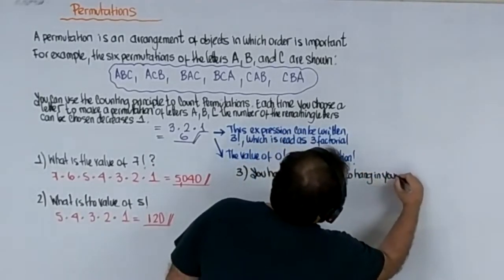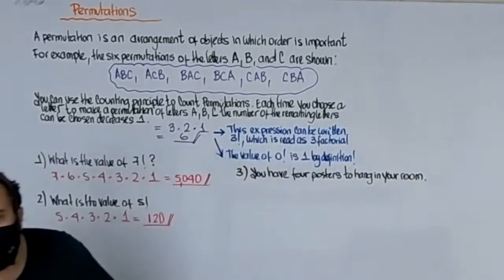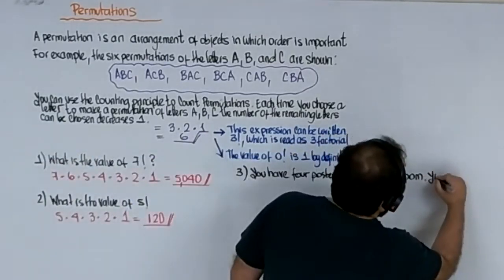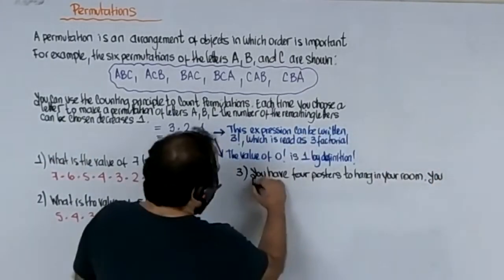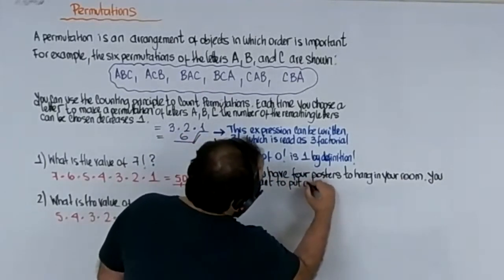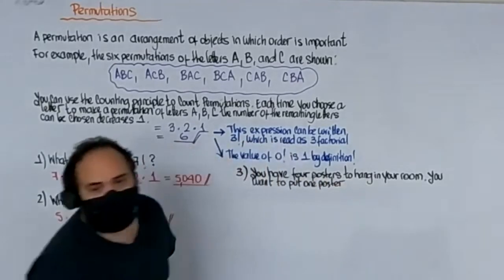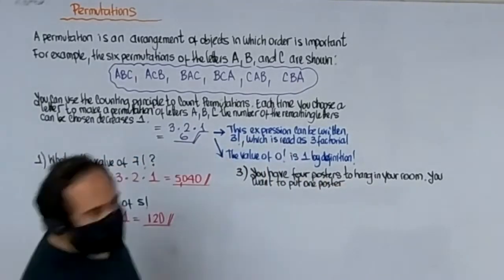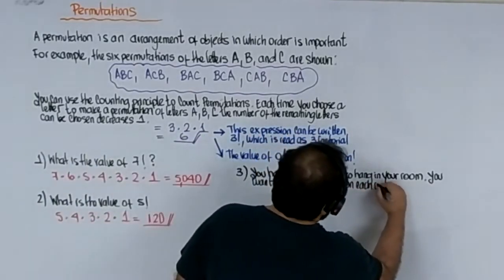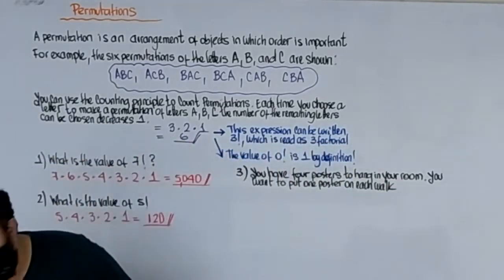You want to put one poster on each wall. The question is: how many ways can you arrange the posters?